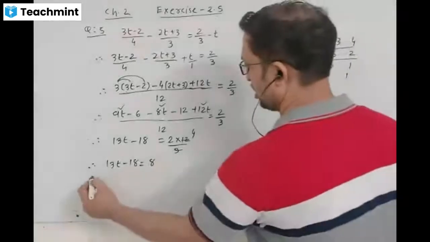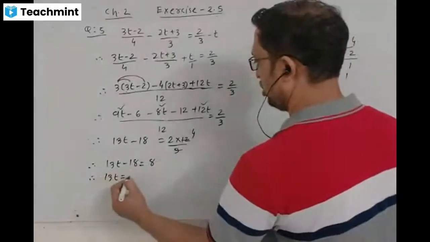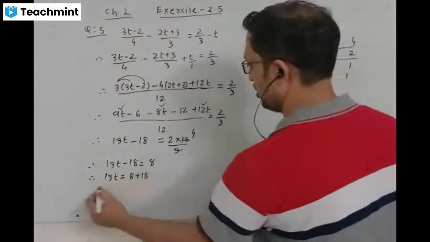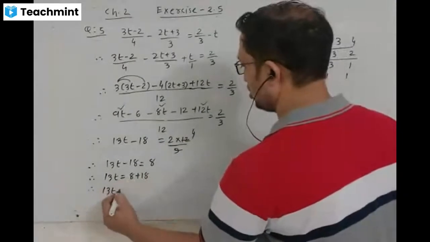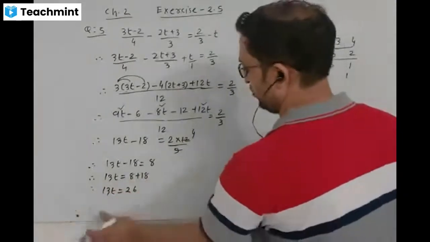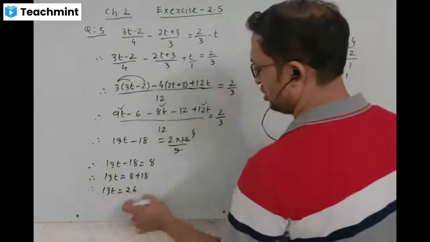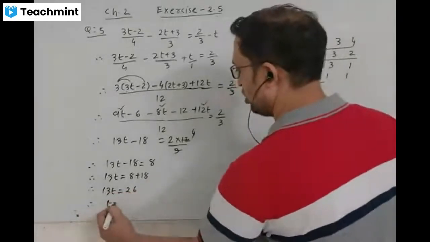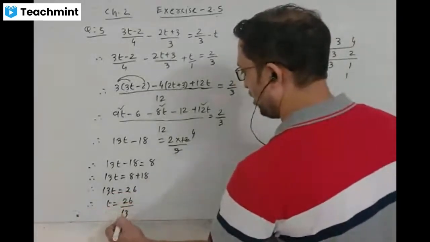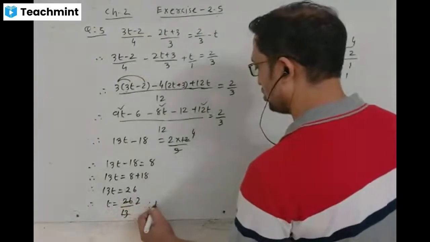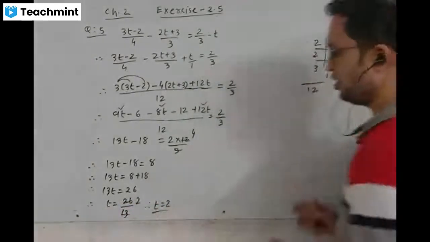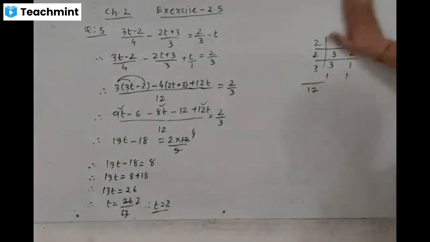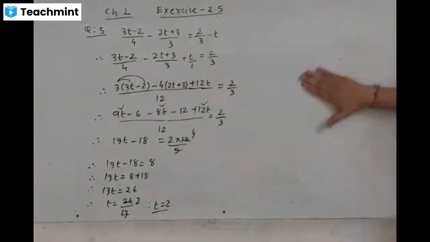Minus 18 transposing right side. 13t is equal to 8 plus 18. Therefore 13t is equal to 26. Therefore t is equal to 26 divided by 13. Therefore final answer t is equal to 2. Okay. Final answer t is equal to 2.